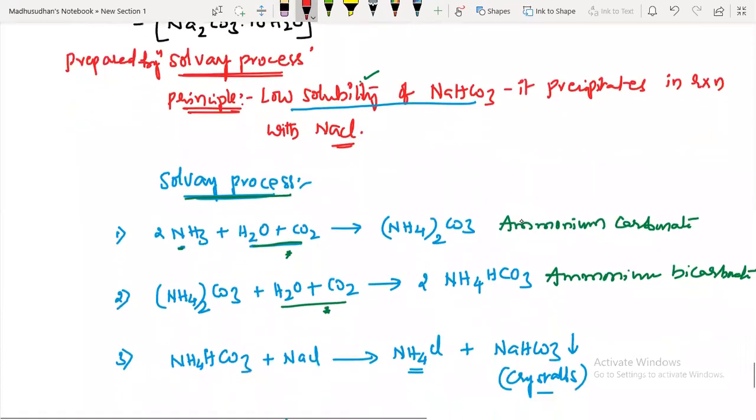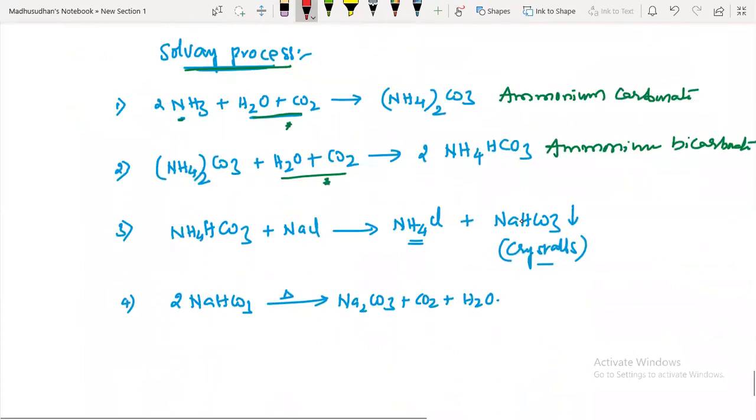So the third step that we are doing now, on reaction with sodium chloride salt, ammonium bicarbonate is converting into sodium bicarbonate crystals. Why is it becoming a precipitate? Precipitate means PPT, precipitation, because of its low solubility.